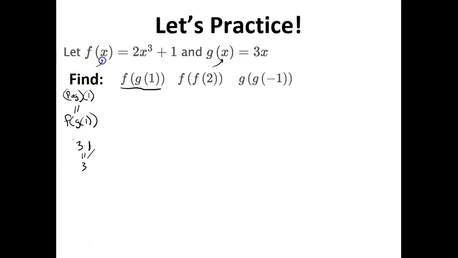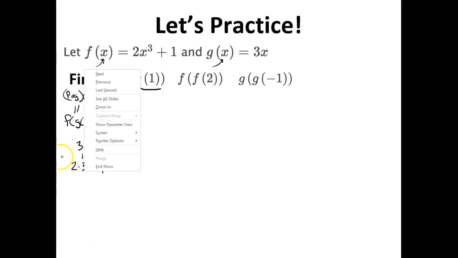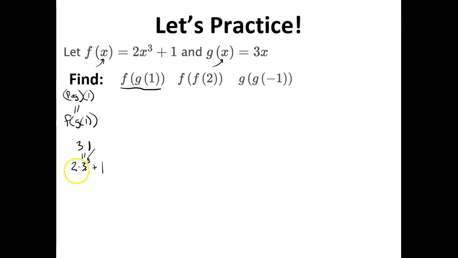So when we put it into here, we follow this set of rules. We take what we got out, cube it, multiply by 2, and add 1. 3 cubed is 27. 27 times 2 is 54. Plus 1, we get out 55, all said and done.